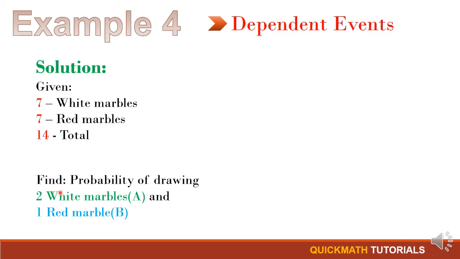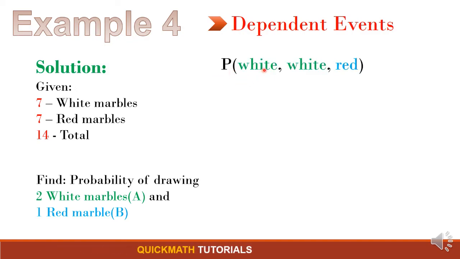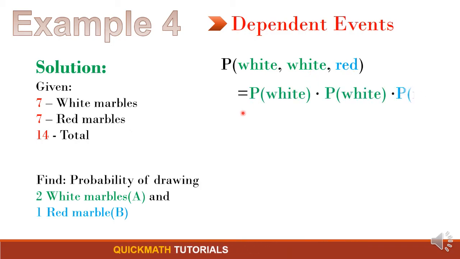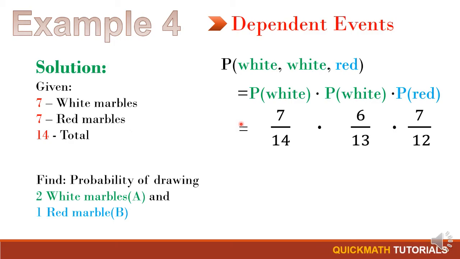We are asked to find here the probability of drawing 2 white marbles, our event A, and 1 red marble, our event B. So now let's have the formula: the probability of getting white, white, and red equals the probability of white times the probability of white following white times the probability of red following white, equals the probability of getting white is 7 over 14.